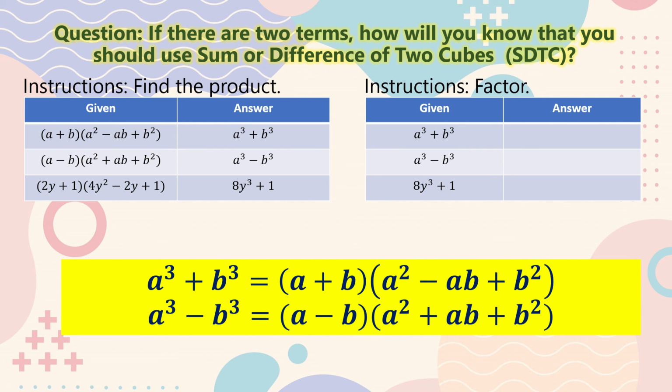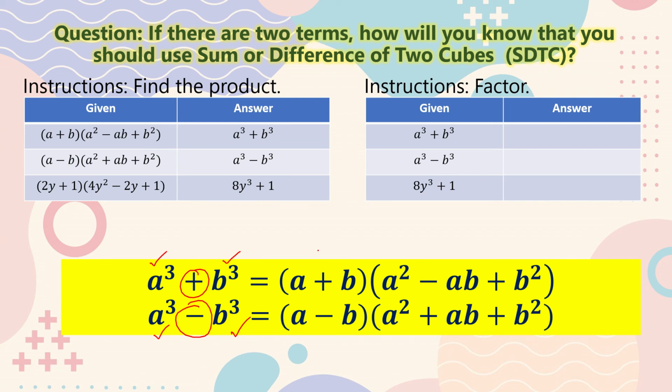So all you need to remember: first, it must be a binomial. Next, the first and the second term of the given must be a perfect cube. It doesn't matter whether the operation between the two terms is a plus or a minus. Next, how do we get the answer?